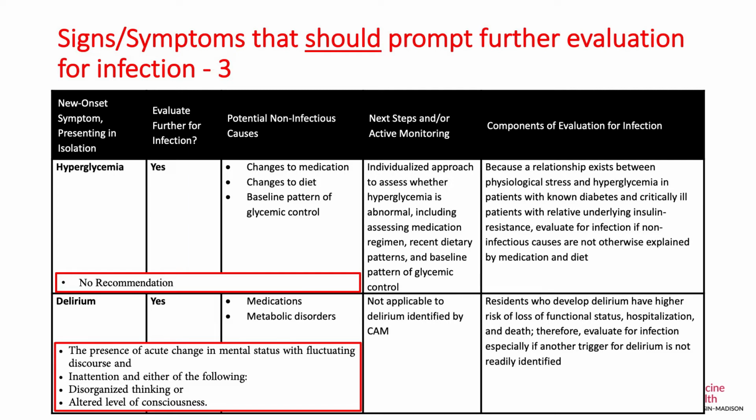So it's really important that we try to be more rigorous in our assessment of what a mental status change is. And if that's what's triggering things, then part of the initial assessment by the nurse is to do the CAM methodology, which is based on an acute change with fluctuating parameters, inattention, disorganized thinking or altered level of consciousness.